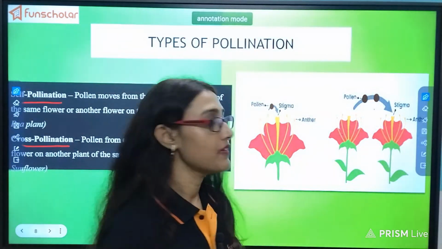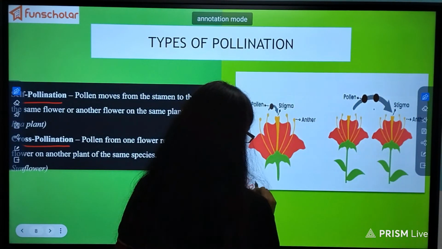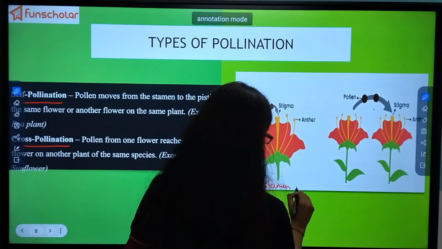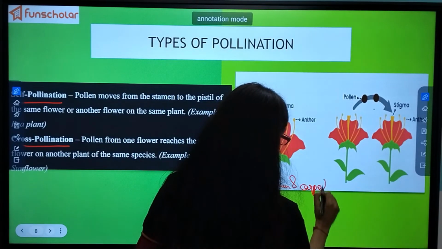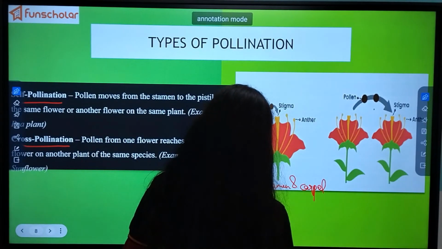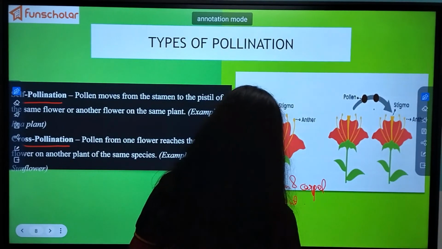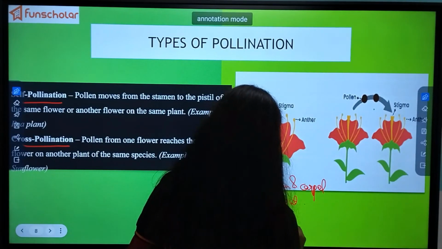So, there are some flowers in which both stamen and carpel are present. A perfect example is hibiscus.